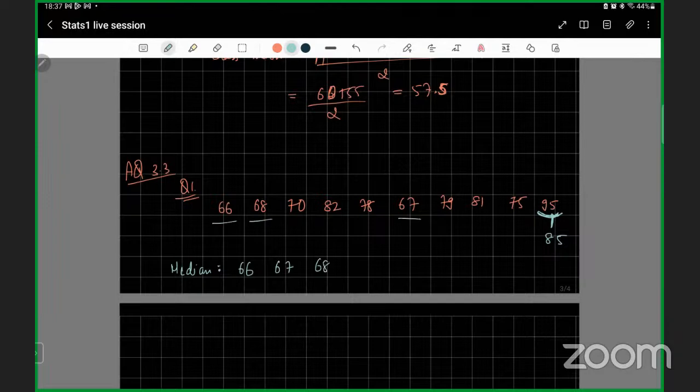Always take care of this. So 67, 68, 70, 75, 78, 79, 81, 82, 85.